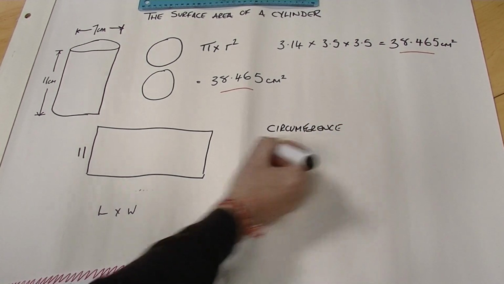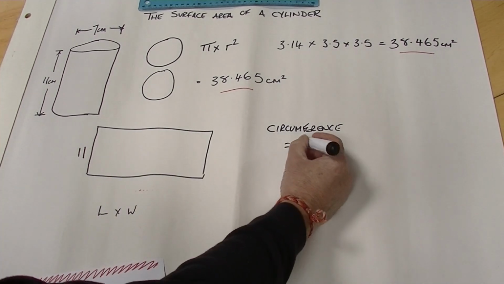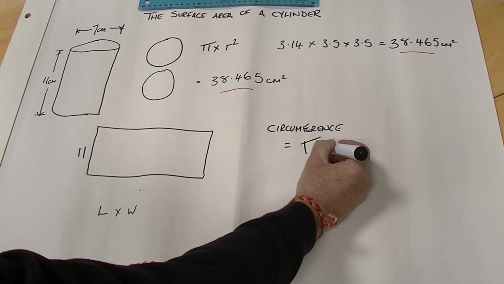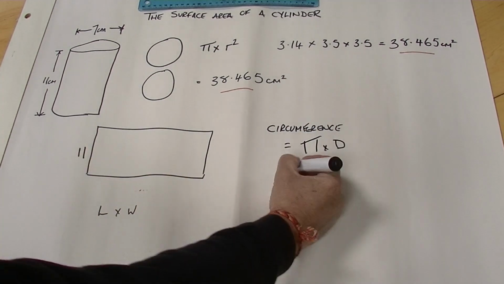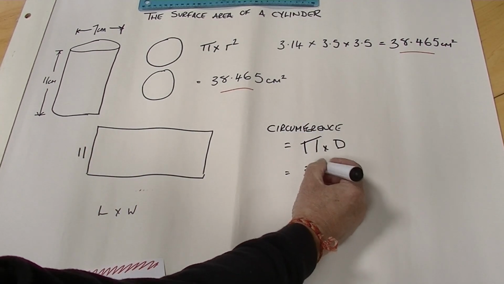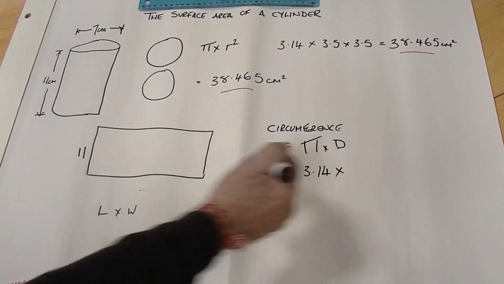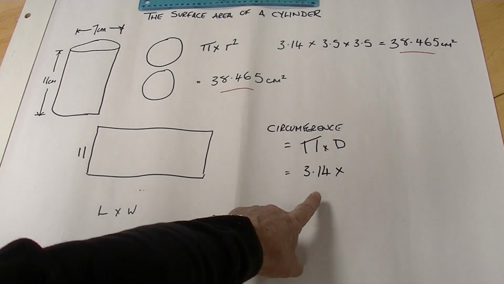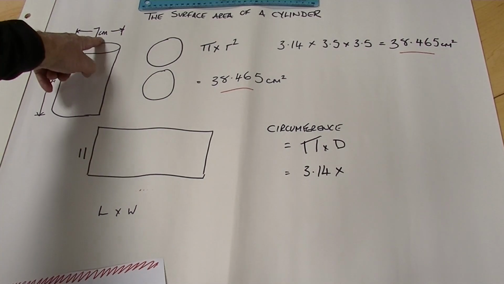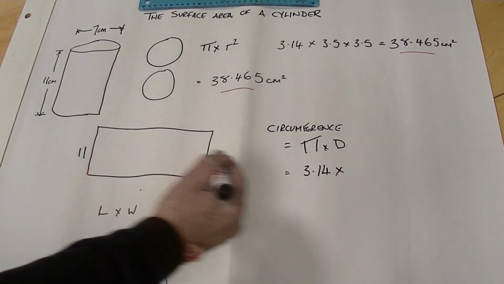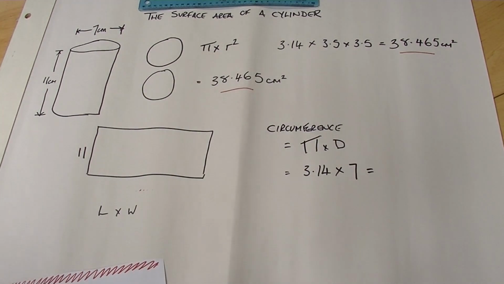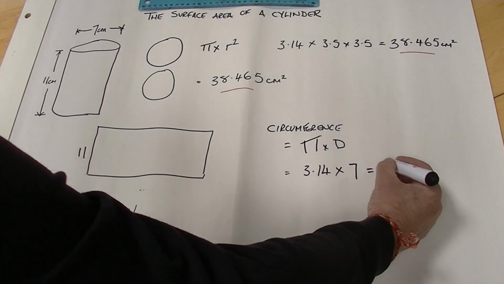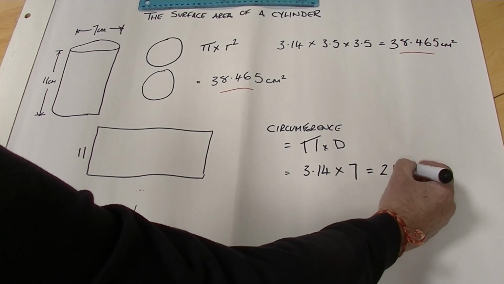The circumference is equal to pi times the diameter. 3.14 for pi, 7 for the diameter. 3.14 times 7 gives us 21.98 centimetres.